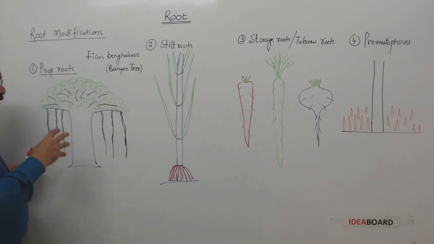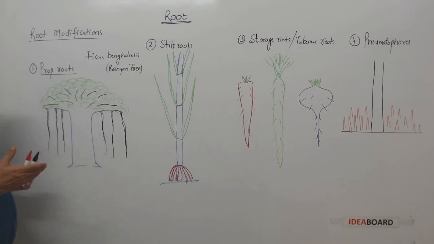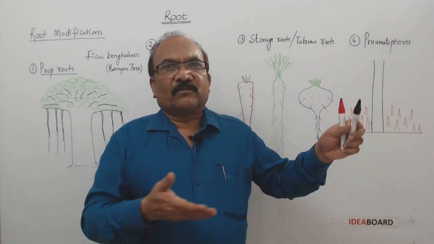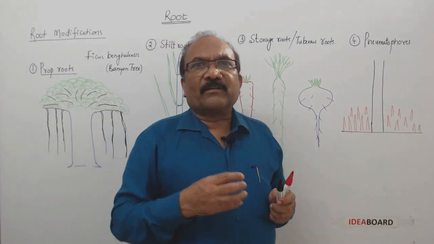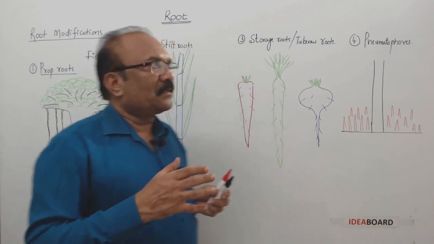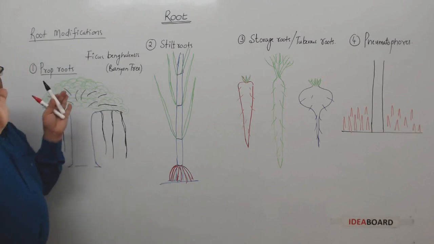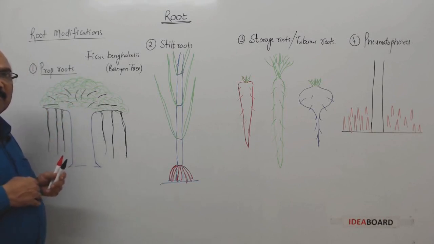These hanging or propping down roots are called what? Prop roots. And from where are they originating? They originate from the lower surface of the horizontal branches and grow downwards, positively geotropic. If I say these prop roots support the branches, that becomes a joke because they are simply propping down.